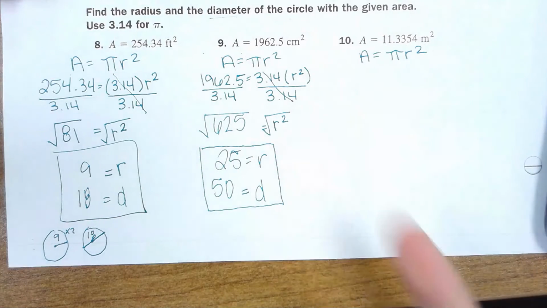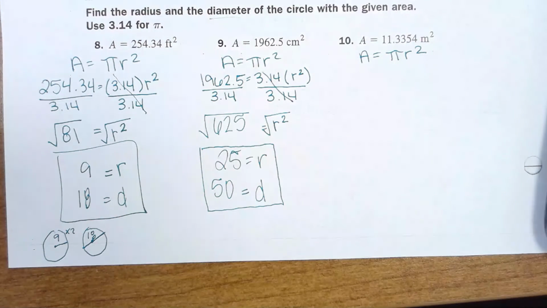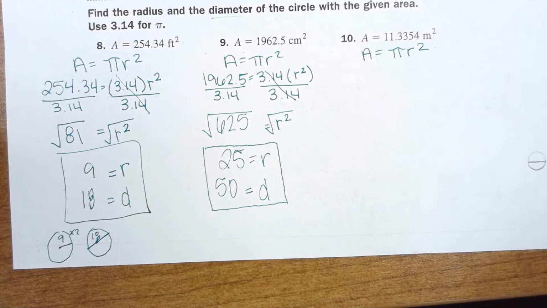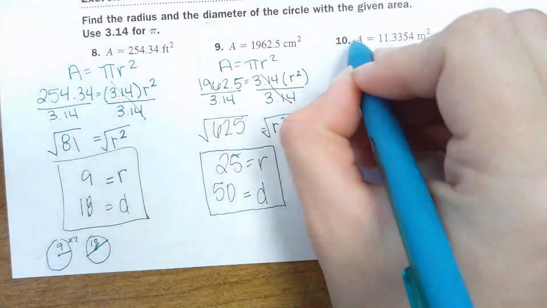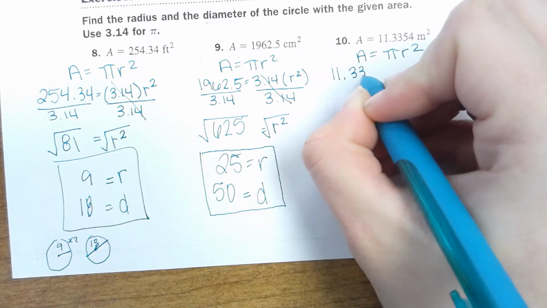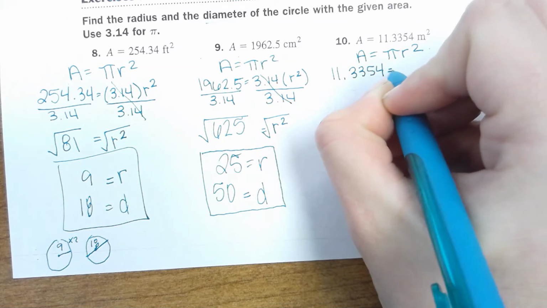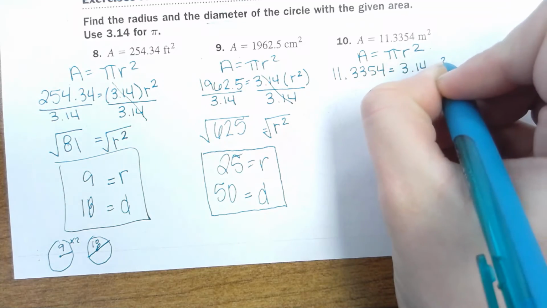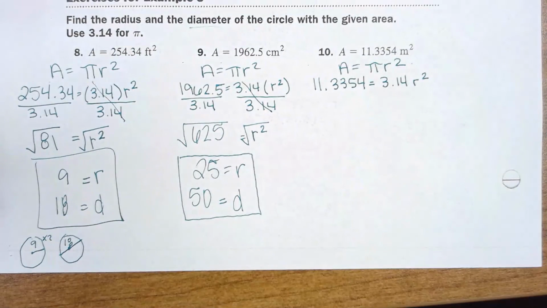All right, so go ahead and pause the video and then try to do the last one on your own, and then press play if you guys are ready for the answer. All right, so just like all the other problems, first step is to plug in this number in for A, because that is your area. Then plug in 3.14 for pi, and then we are looking for the radius, so it will be radius squared.